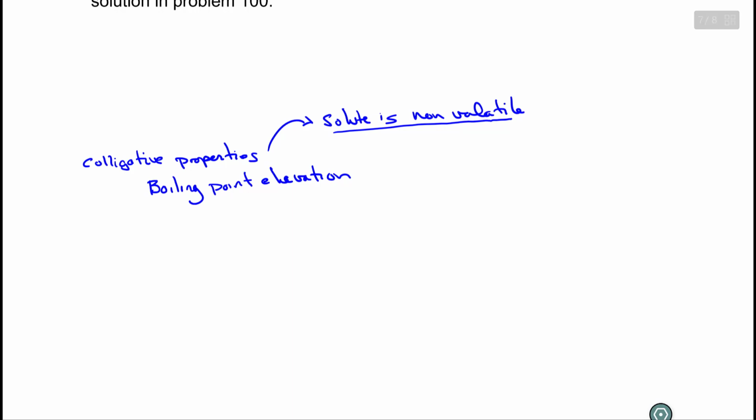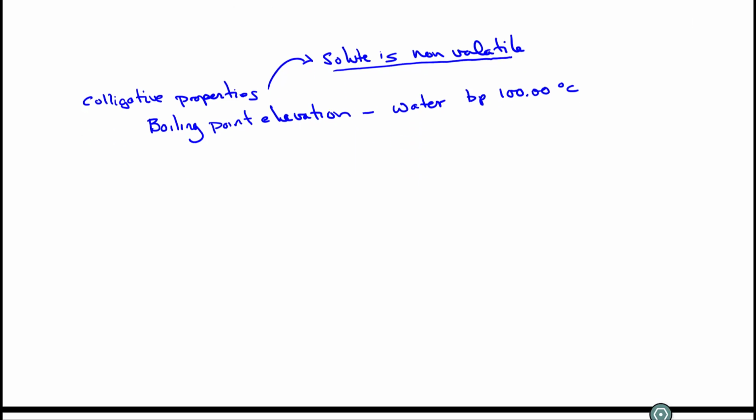And when you add a non-volatile solute to a solvent, we get a boiling point elevation. So for water, right, has a boiling point of 100 degrees Celsius. In fact, we can go like this, I suppose. At 1 atmosphere, a solution, so an aqueous solution, has a boiling point greater than 100 degrees Celsius.